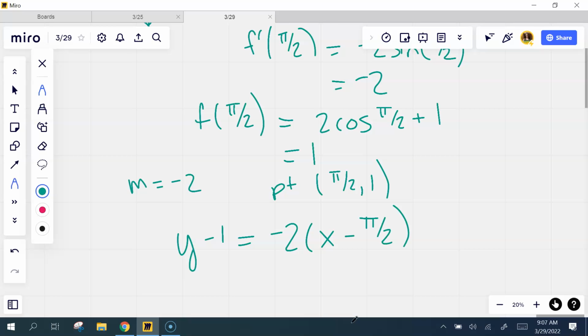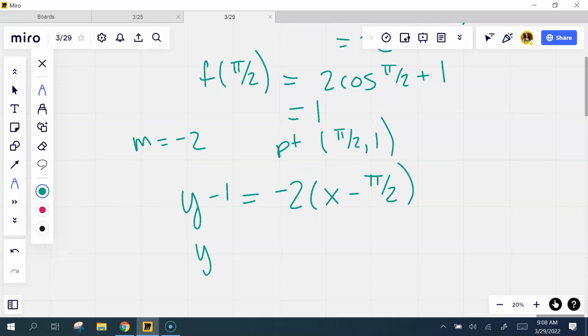That's still not the whole problem because they asked me to use that line to estimate f of 1.5. So you throw in 1.5, which is 3 over 2, right?